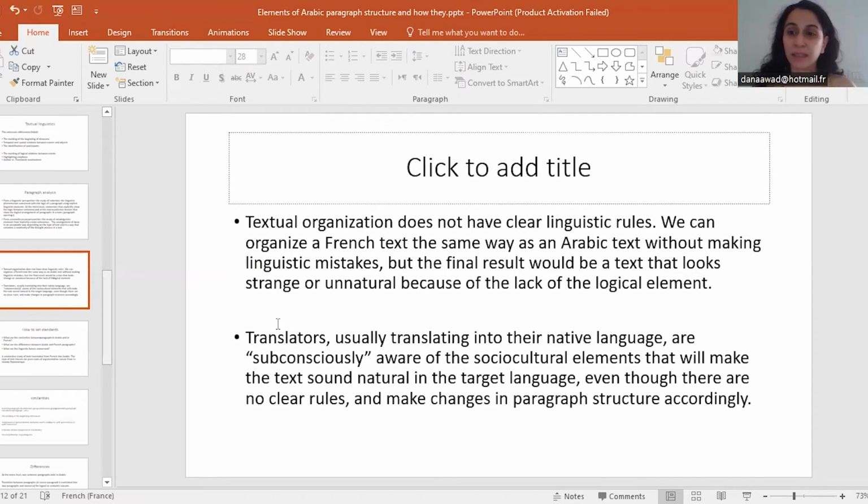Translators, since they are usually translating into their native language, are subconsciously aware of the sociocultural elements that create this coherence and that make a text sound natural in the target language. So even though there are no clear rules, they make changes in paragraph structure accordingly.